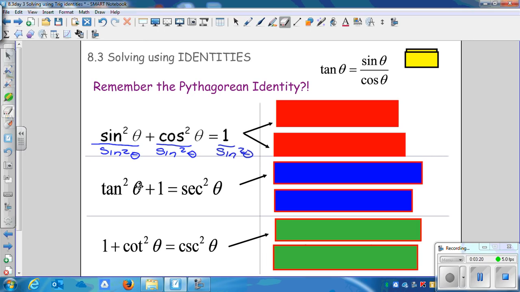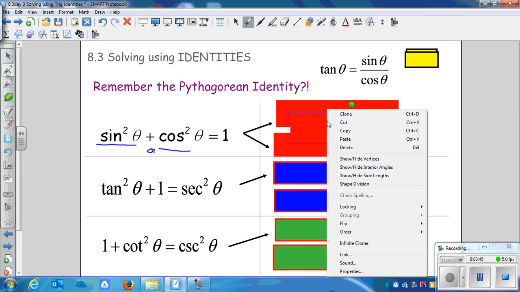Now, in order to use substitution for equations, I'm going to have to make sure that I have each of these solved for one of the trig functions. So I want to just briefly show you what these look like. If you take this first equation and you solve it for just sine theta or just cosine theta, here's what those look like.